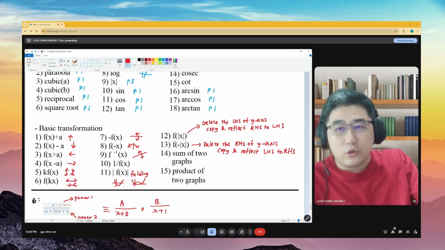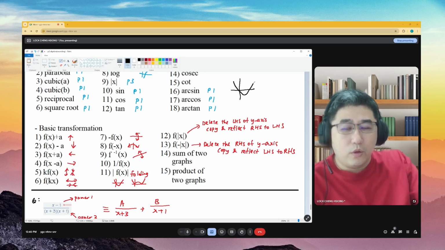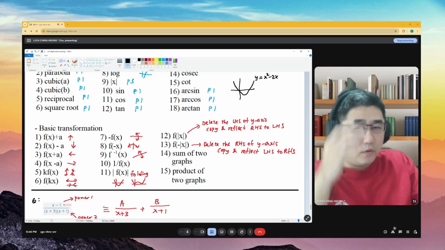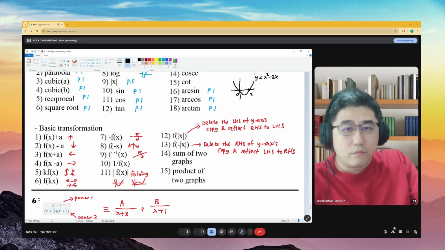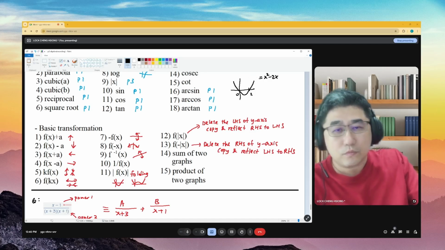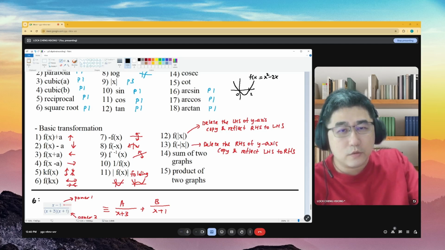Let's say you have the graph of y equals x squared minus 2x. So this is 0, this is 2. This is your f of x.